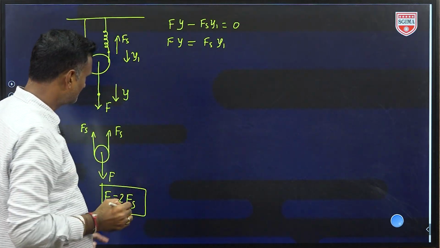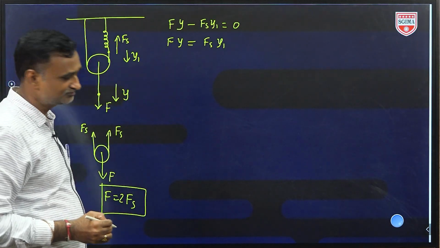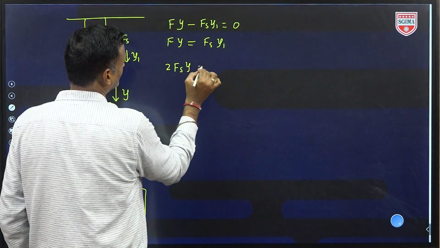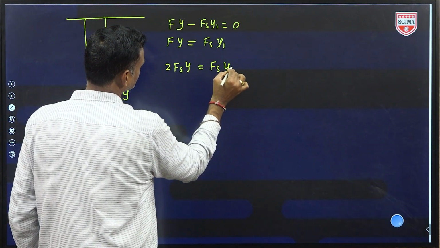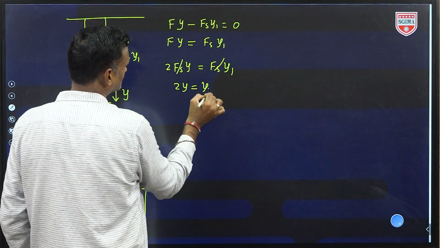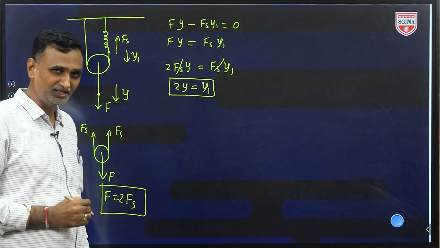So we can take F equals 2Fs, and put here 2Fs y equal to Fs y1. Fs cancels, 2y equals y1. This is the constraint relation.